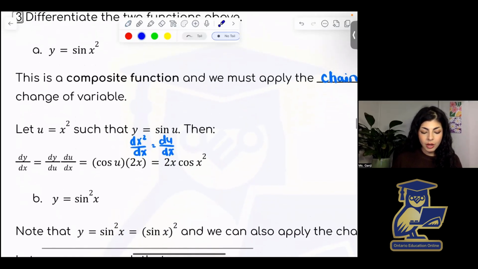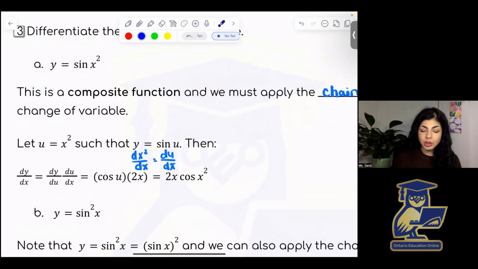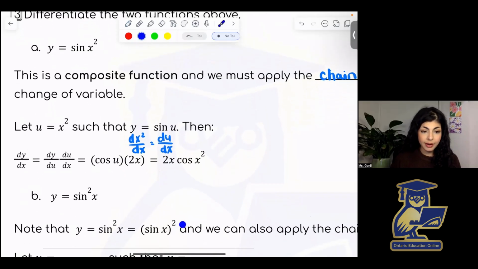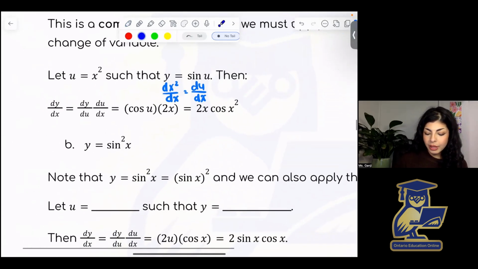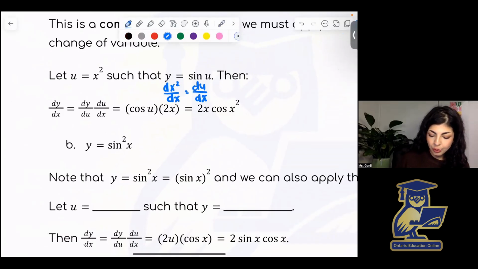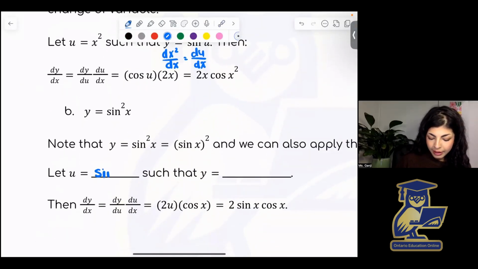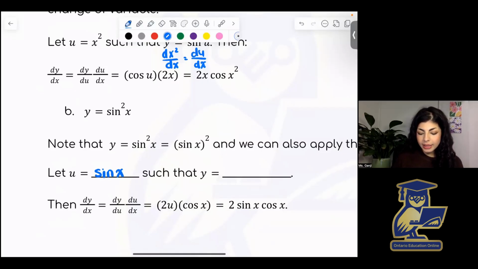Now, this next one, y equals sine squared x, that's just sine x, squared. And this one technically is a composite function as well, where our outer function is x squared and our inner function is sine of x. So we apply the chain rule again. Now, in this case, we're going to let u be sine of x, and y is actually just u squared.